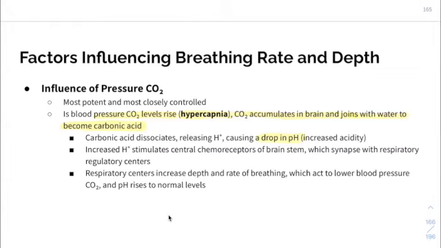What if we have an increase in hydrogen ions? Well, your brainstem is going to reverse that process, where it takes the bicarbonate ion, adds hydrogen onto that bicarbonate, and makes carbonic acid. Carbonic acid dissociates into carbon dioxide and water.